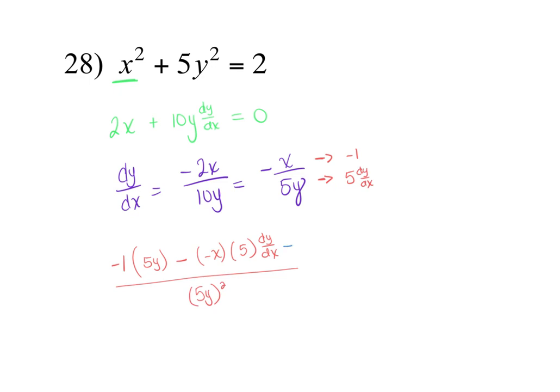And of course we can plug in this dy/dx. So we can say negative 5y, this is going to be plus 5x because it's negative times a negative. And then I multiply by negative x over 5y, all over 25y squared. All right.